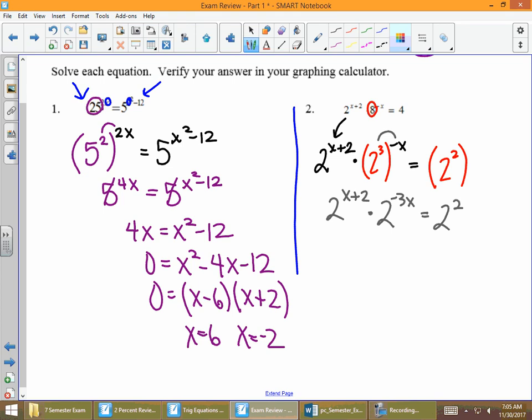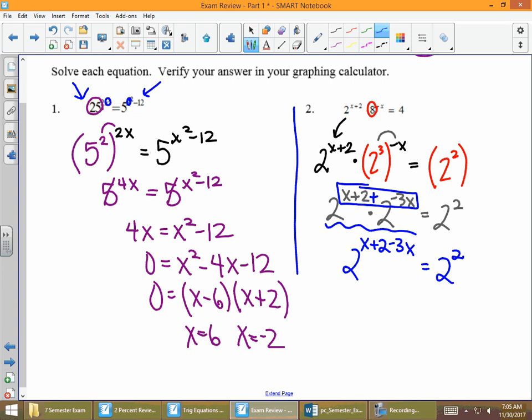When I have the same base and I'm multiplying, which is what's happening on the left side of the equation, I add my exponents. I can't drop my bases until I'm down to 1 base on each side. So I have to add my exponents. This is 2 to the x plus 2 minus 3x equals 2 squared.